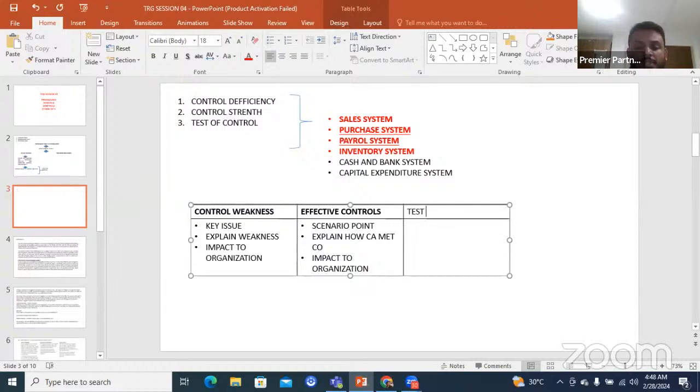And when it comes to test of control, most of the students get confused. For the test of controls, simply suggest a control. Normally in the recommendation, we suggest a control. I forgot to mention how to write a recommendation.